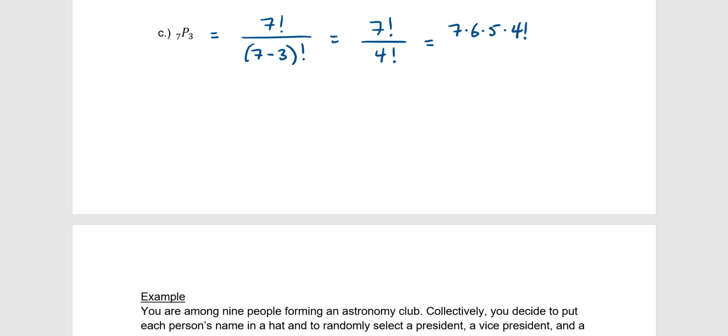That's the same as 4 factorial. 4 factorial is 4 times 3 times 2 times 1. So if we leave it like that, then we can leave the denominator like that. 4 factorial divided by itself cancels. We're left with 7 times 6 times 5. And that's going to give us 210. So there's 210 ways to pick 3 objects from 7 objects and put them in order.